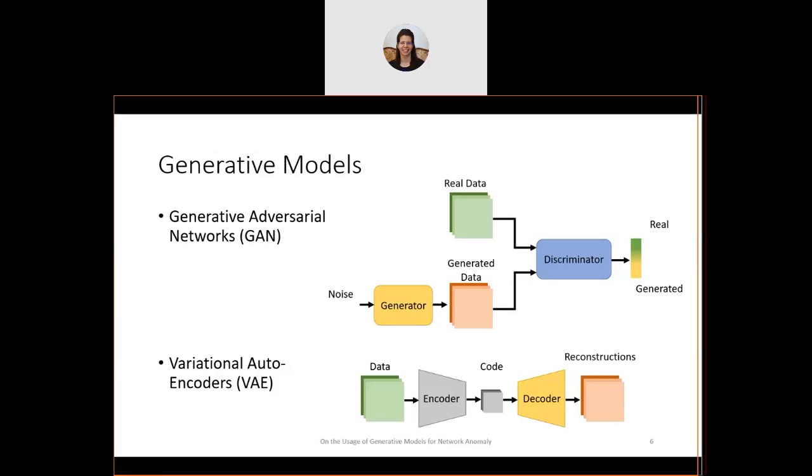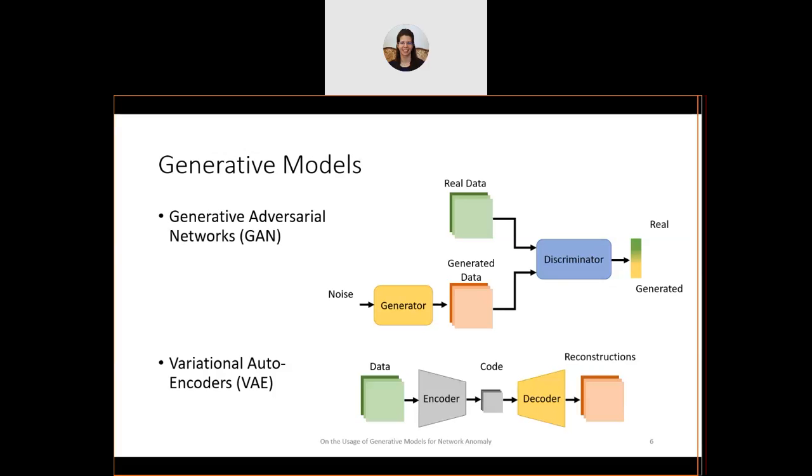When the training ends, the generator will be a very good model of the distribution of the real data. And then the variational autoencoder is a neural network with two parts, the encoder and the decoder. This is trained with the objective that reconstructions look more and more like the training data. When the training ends, the network will be a very good model of the distribution.